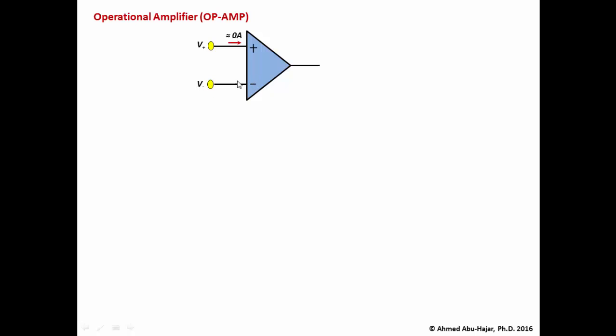The other leg has the negative sign. We call this leg the inverting input. And in this inverting input, also there is a leakage current going in. This leakage current is going to be very small, so we're going to assume it is zero. So we're going to say that the current going through it is virtually zero.